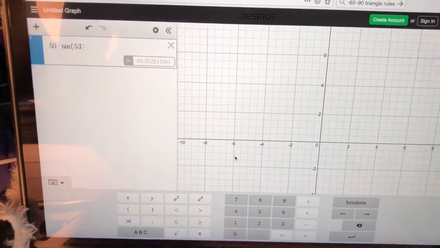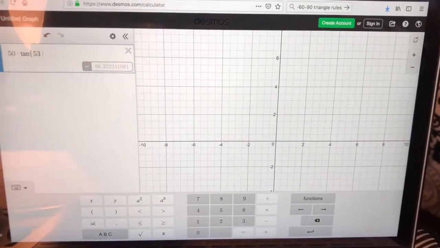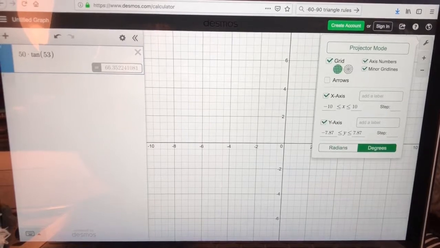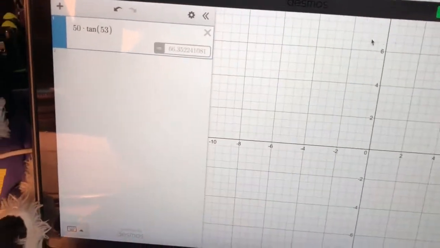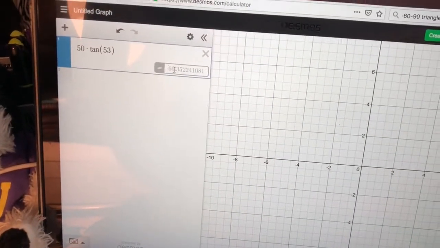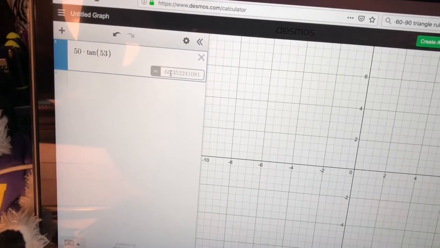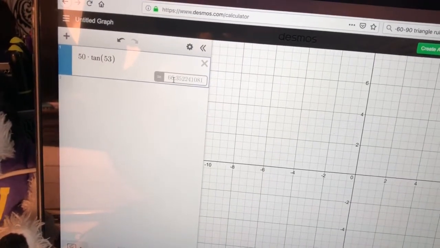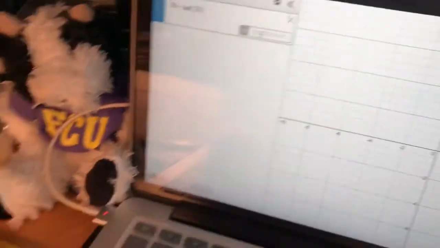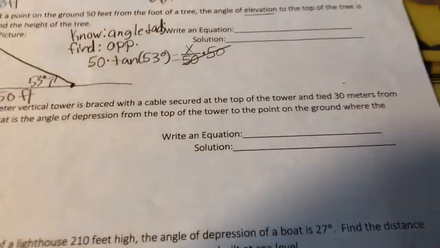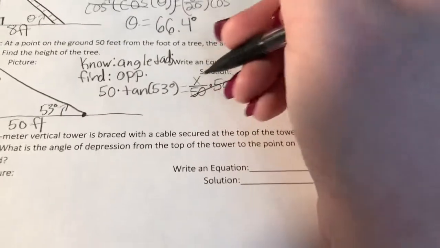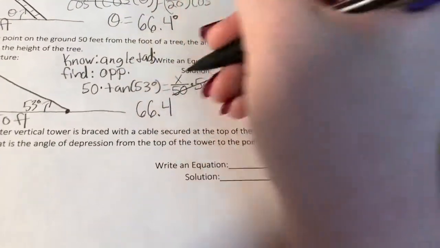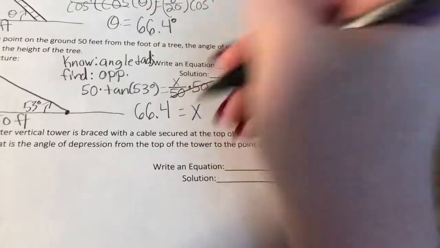And if you're going back and forth in this video, make sure that your degrees is selected. So our answer is 66.35, so on and so forth. So I'm going to put 66.4. So this side is 66.4, and that gave us x.